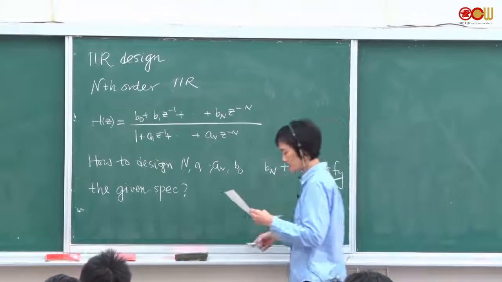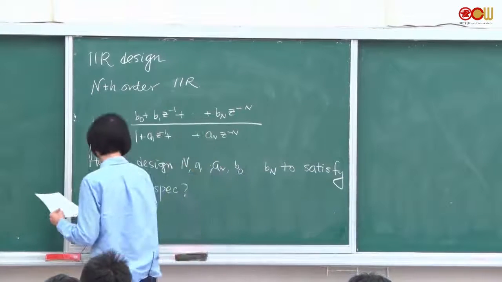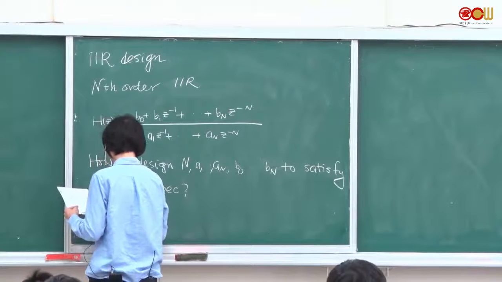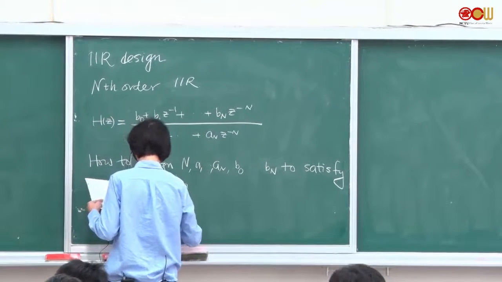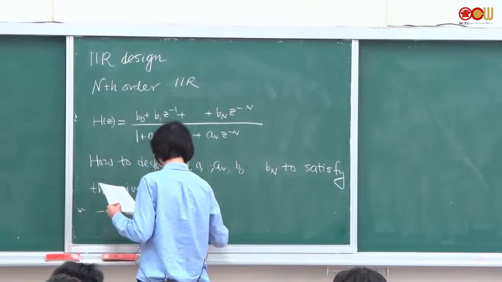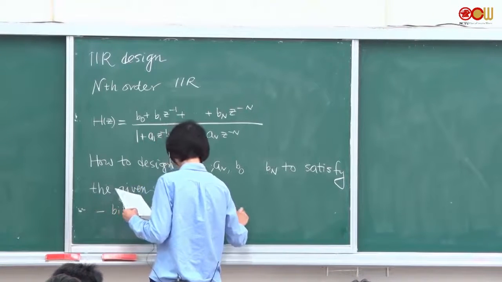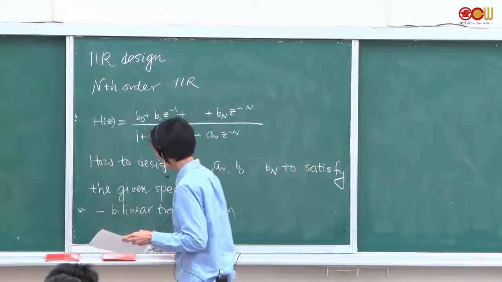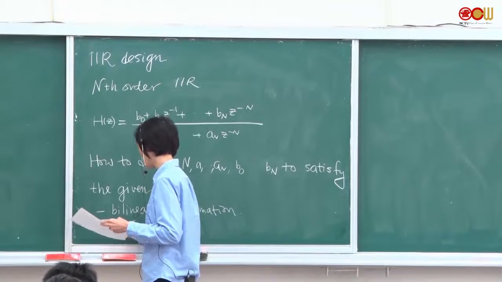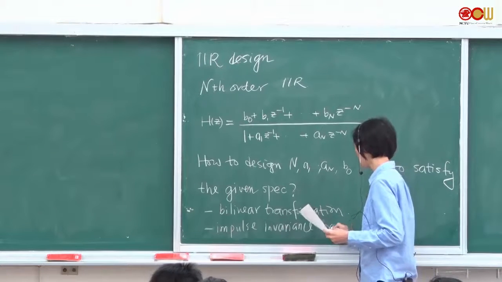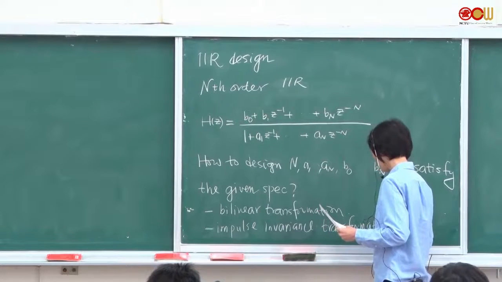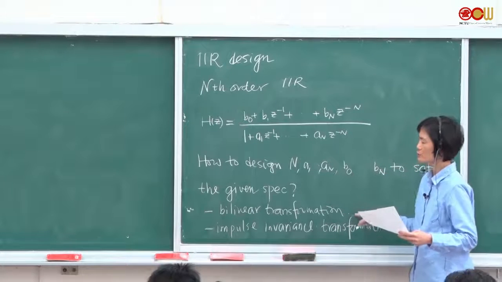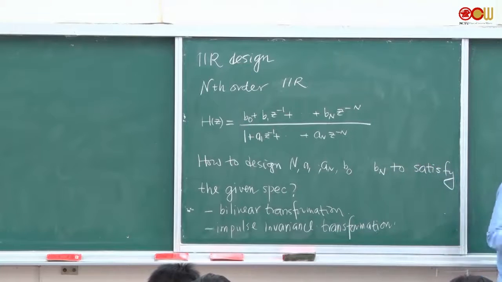One transformation is called bilinear transformation, and the other is called impulse invariant transformation. Bilinear transformation is the more popular one, and that's the transformation we will talk about today.